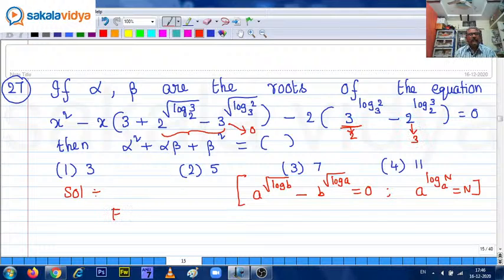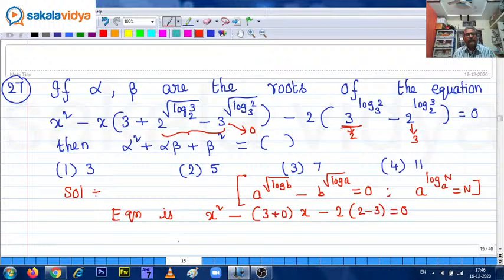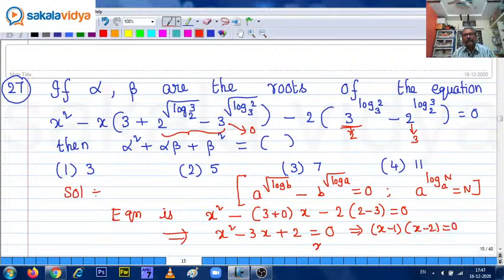Now the equation is x square minus 3 plus 0 of x minus 2 times 2 minus 3 equals to 0. So now the equation becomes x square minus 3x plus 2 equals to 0. Now x minus 1 into x minus 2 equals to 0. x is equal to 1 or x is equal to 2.